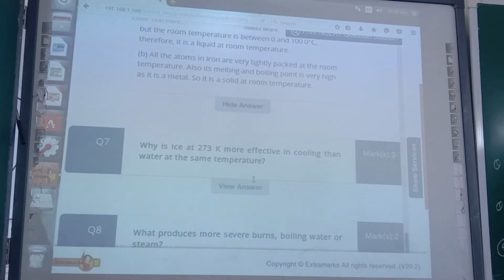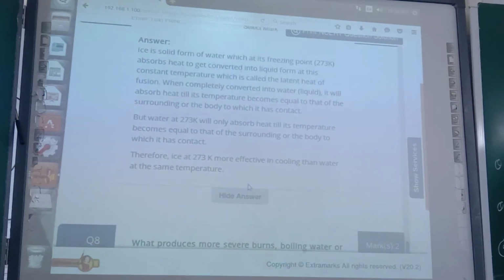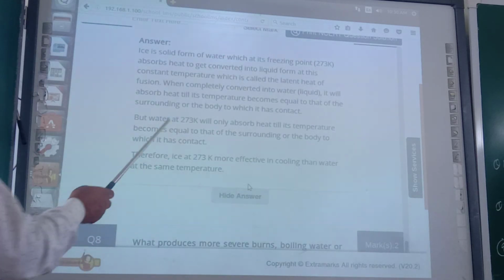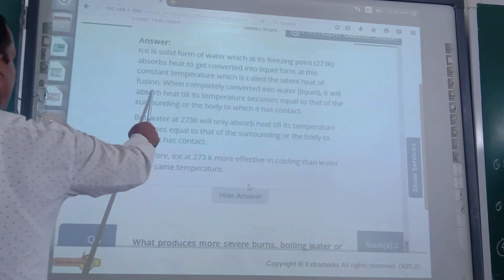Now let us see how they have explained. I hope that you understood. Now just see. Ice is the solid form of water, which at its freezing point absorbs heat to get converted into liquid form at this constant temperature, which is called the latent heat of fusion.